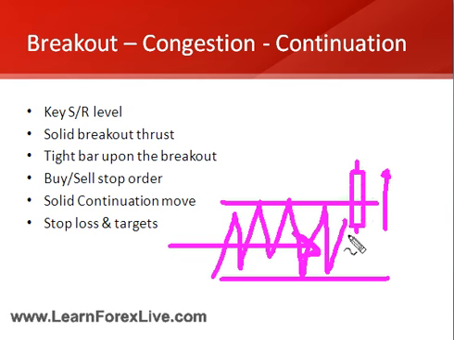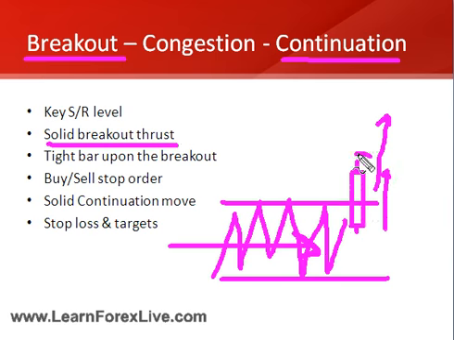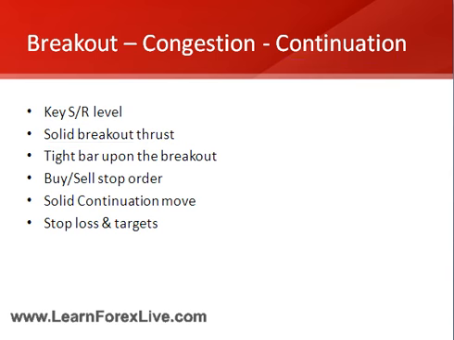Price wants to break free of that area, and therefore we can capitalize on the continuation move, which is the third candle of this whole pattern. But at any rate, as far as the breakout candle goes, you want to see a solid breakout thrust, again with a long body candle, short wicks both to the upside and to the downside, therefore signifying that the breakout is taking place in momentum, in high trading volume.